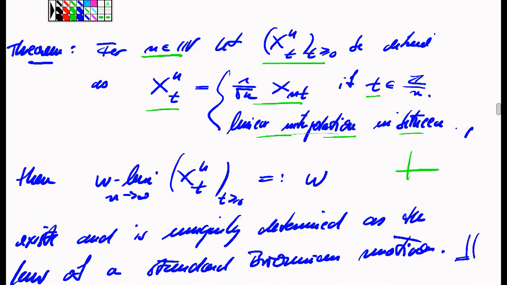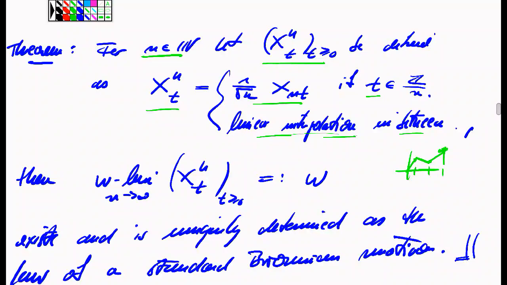So in other words, we have these up and down movements for these integer times, or times which are multiples of 1 over n. And what you do in between, you just draw the linear interpolation. So that's the process X^n(t).